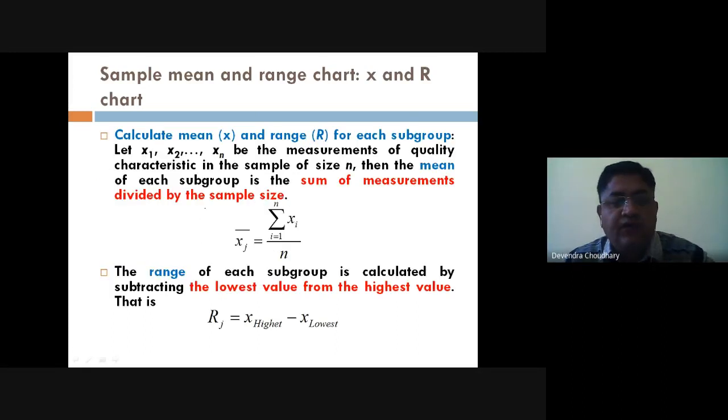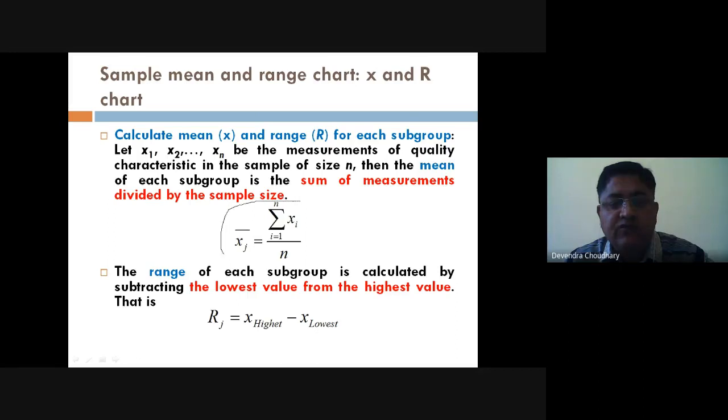For each subgroup, let's say we measure the quality characteristics and these values are x1, x2 up to xn in the sample of size n. Then the mean of each subgroup is the sum of the measurements divided by the sample size. So we add all the measurements and take the average of these.